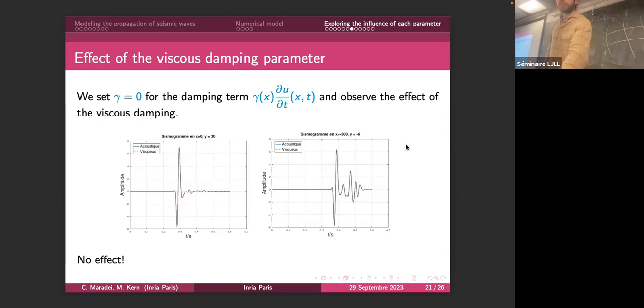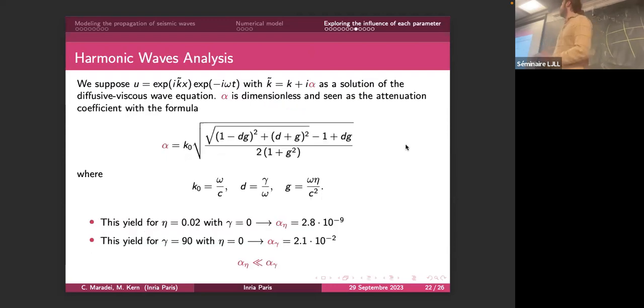In order to do this, we use an analysis where we suppose that U is a harmonic wave with this expression, yielding what we call alpha, the attenuation coefficient. This can be computed with the following formula that depends on the damping parameter. So we could look for this value of alpha using the 2 parameters that we have.